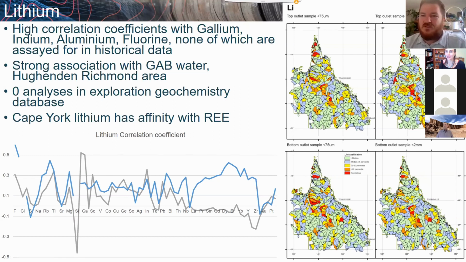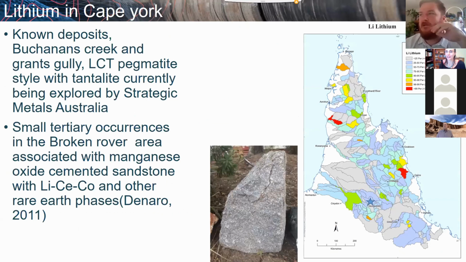So the correlation coefficient suggests an indium gallium association, which is probably indicative of a felsic igneous source for the lithium. And so just zoom into the Cape York survey.